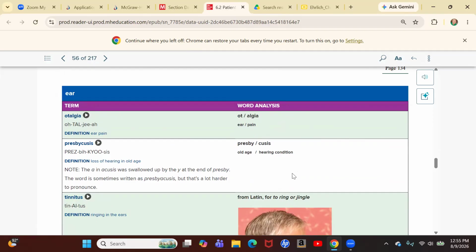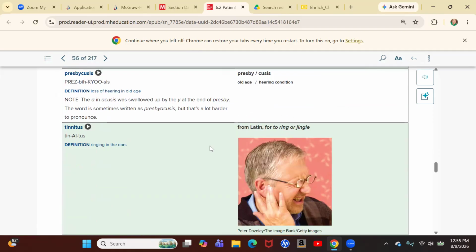Conditions that affect the ear here. So otalgia, pain of the ear. Presbycusis, presby here means old age. Cusis means to hear. So this is hearing loss due to old age.